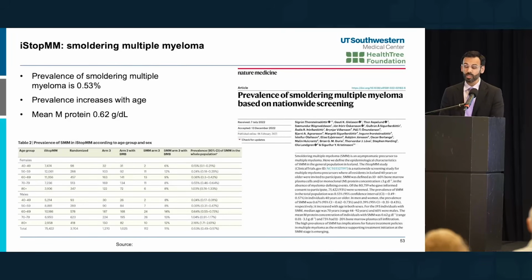And there they saw remarkably that within their large sampling, smoldering myeloma was in roughly 0.53% of patients. That's roughly 1 in 200, which kind of sent some shockwaves through the field, because that's much higher than people expected overall. Now again, it's not clear how generalizable that is, because as I said, there's a homogeneity aspect of the Icelandic population, but it's probably more prevalent than we think.